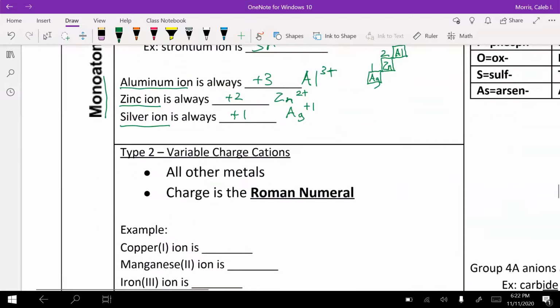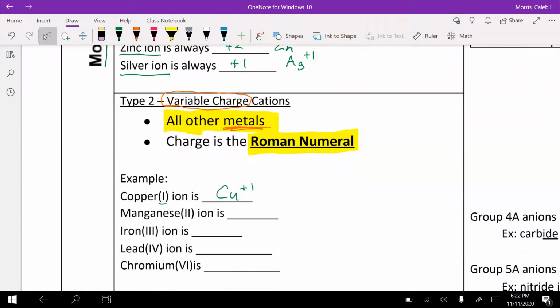All of the other metals, keep in mind this is specific, all of the other metals have a variable charge. That means it can change. So we need another piece of information to tell us what the charge is. That is written as a Roman numeral. So you want to get to know your Roman numerals, okay? Roman numeral I means positive 1. So Cu with a positive 1 charge.